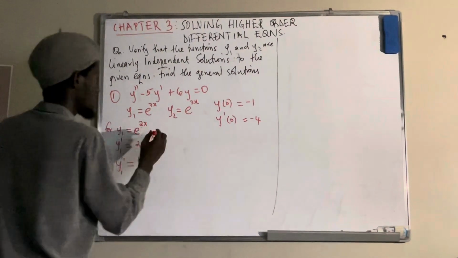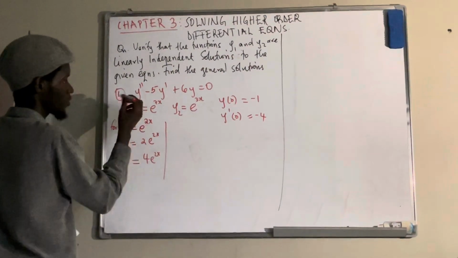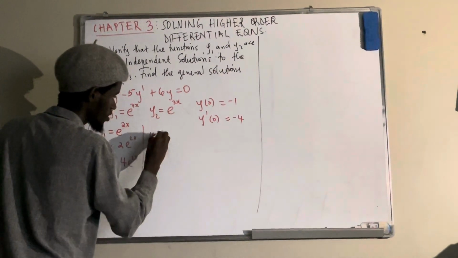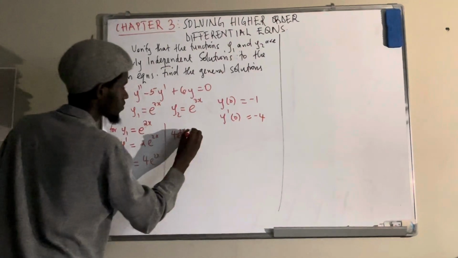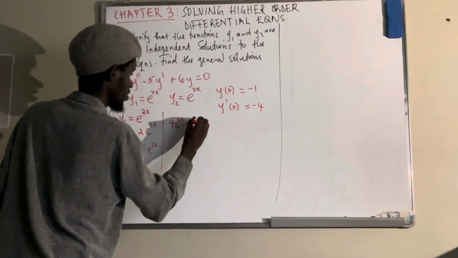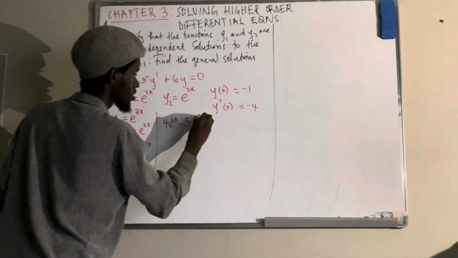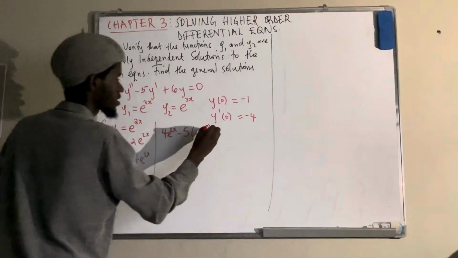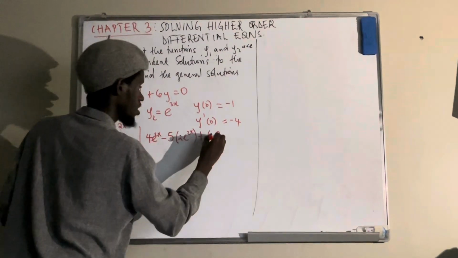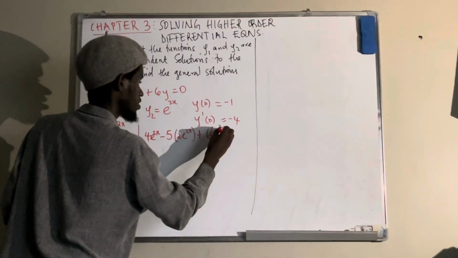Where there is y double derivative, I put the second derivative, 4 e power 2x, then minus 5 times the first derivative, 2 e power 2x, and then plus 6 times y, which is e power 2x.